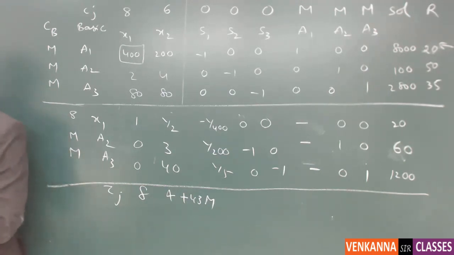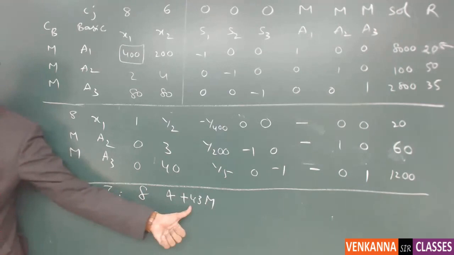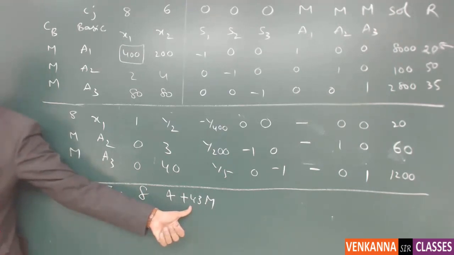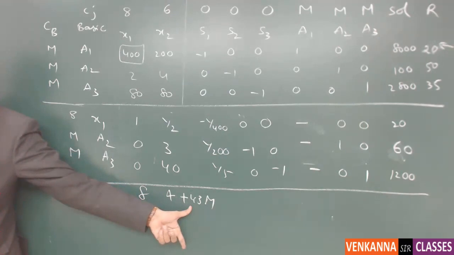Otherwise, the procedure is convenient in solving the iterations and getting the next table. Accepted? So I will say that next we are going to take this thing as key column. Will you agree? Does anyone have any doubt?